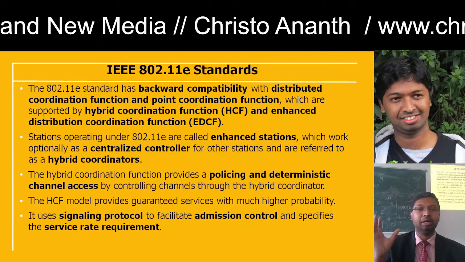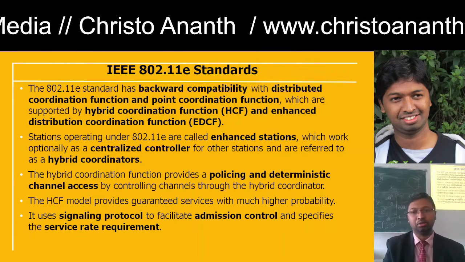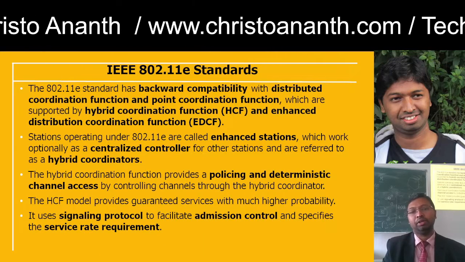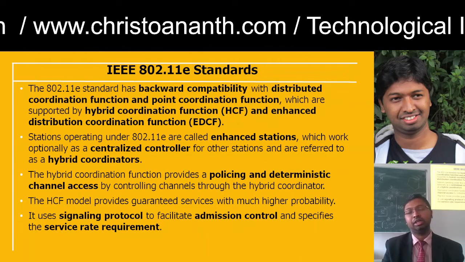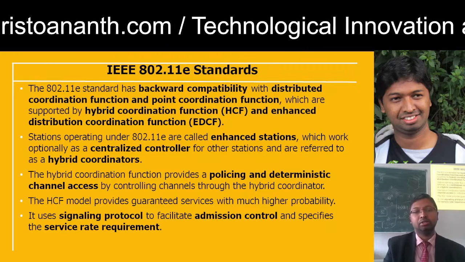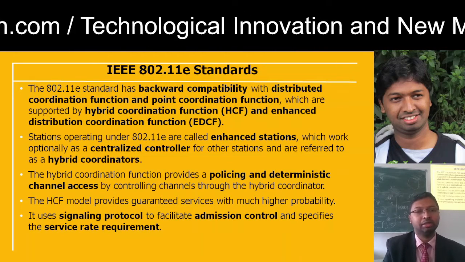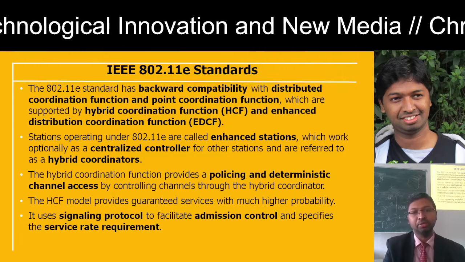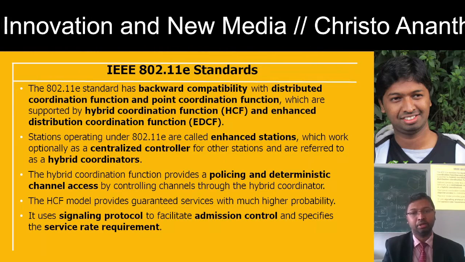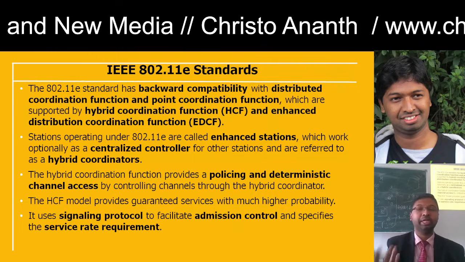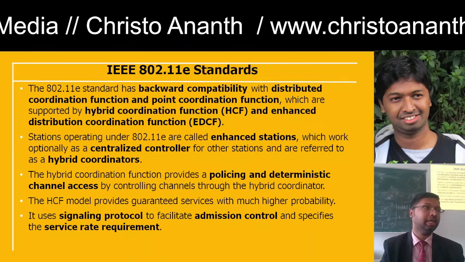So it will behave like a centralized controller, and the other stations you can call hybrid contenders. Here it will have policing as well as deterministic channel access. HCF, hybrid coordination function, will provide guaranteed services at higher probability.